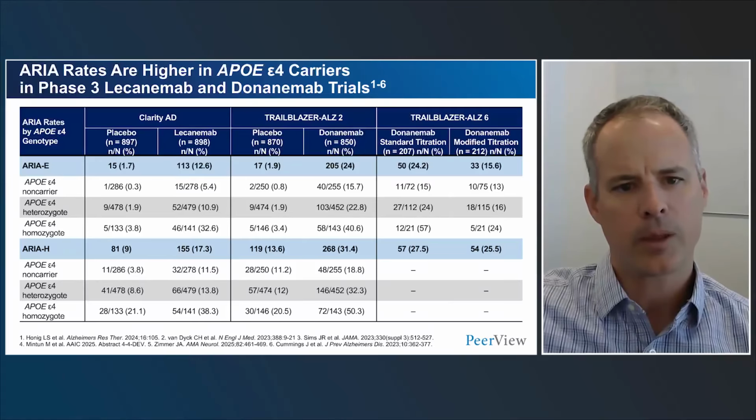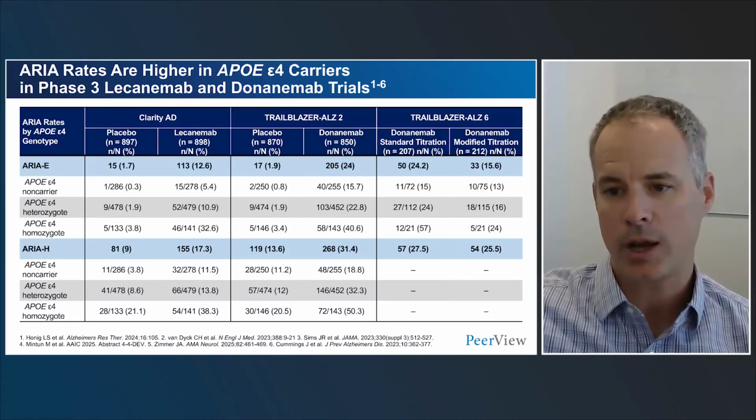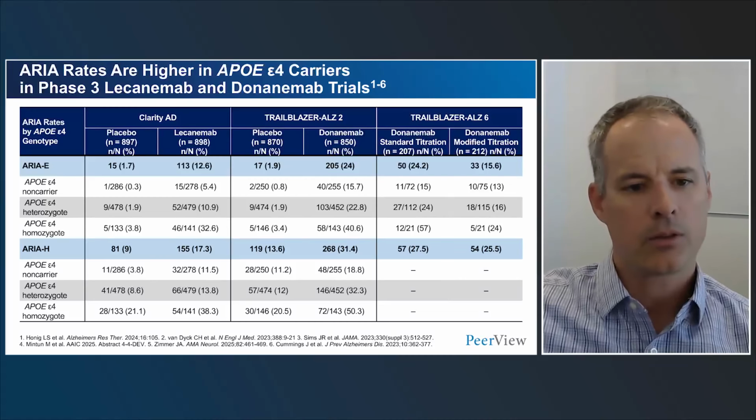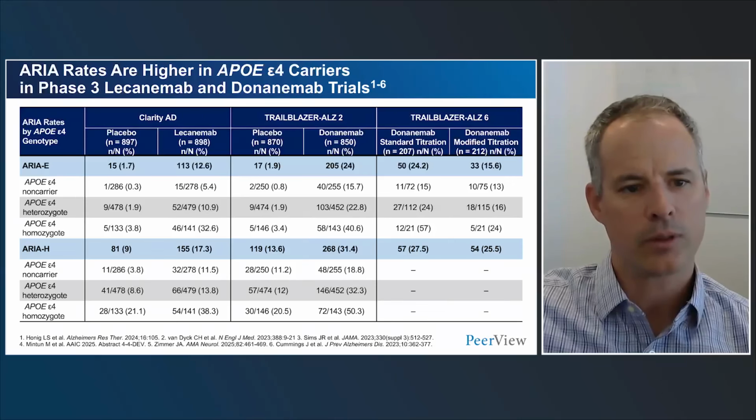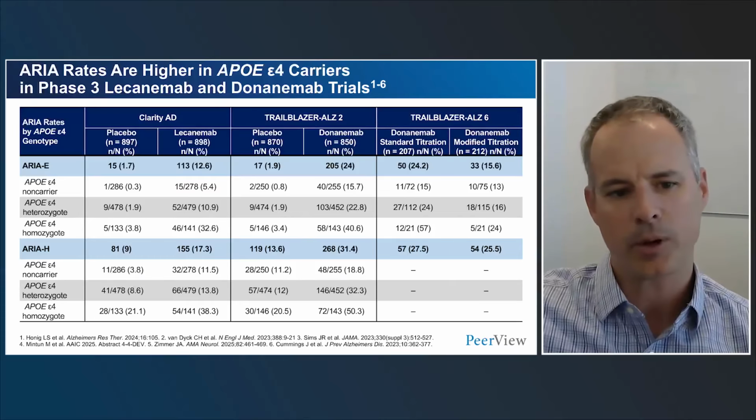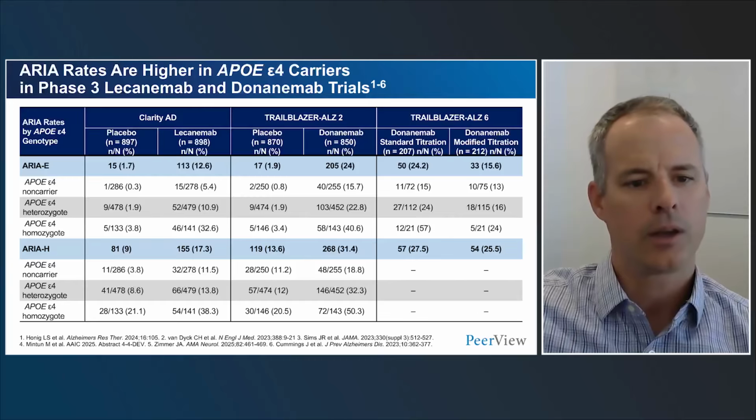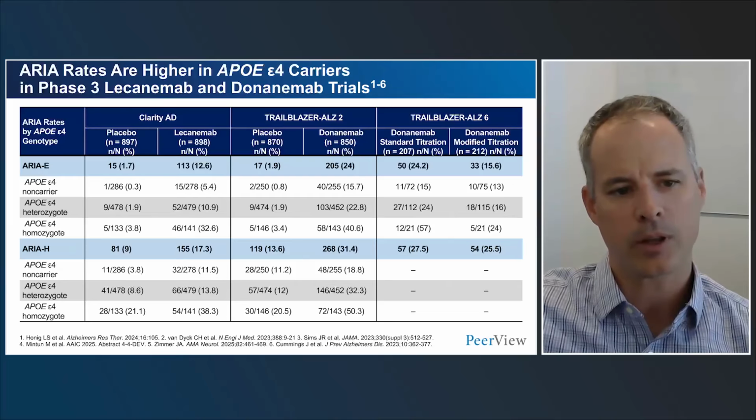This is from donanemab and lecanemab phase 3 clinical trials, showing that in patients treated with lecanemab, about 17% developed ARIA-H of some kind, and about 12% developed ARIA-E.